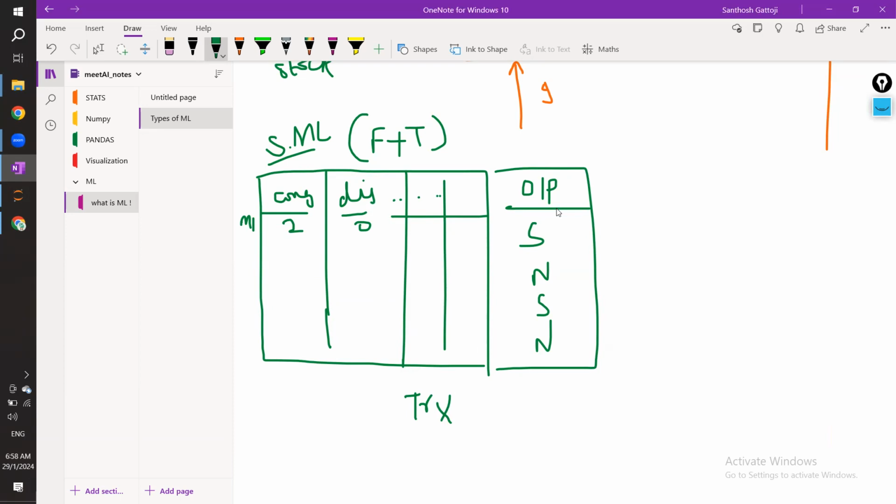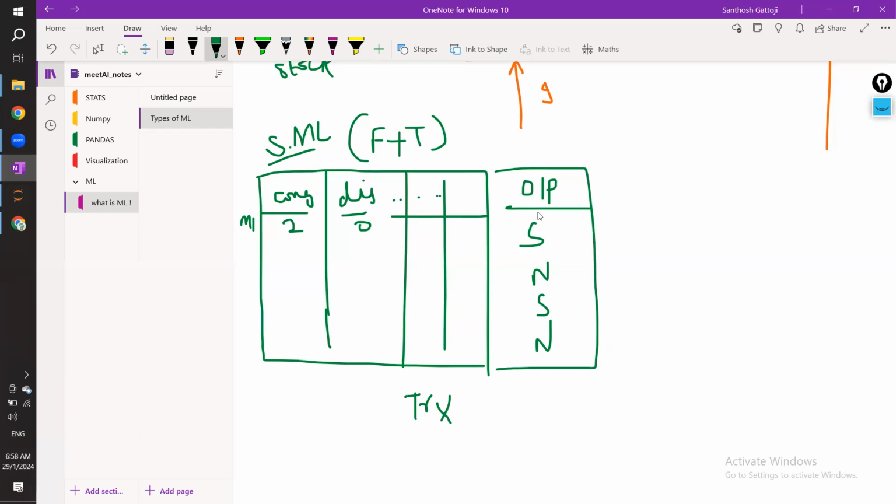Yes, sir. So obviously you should have both input and output, but the input you are going to get. Let's say you are working in a bank and need to make a small prediction, like whether a loan can be given to this person or not.